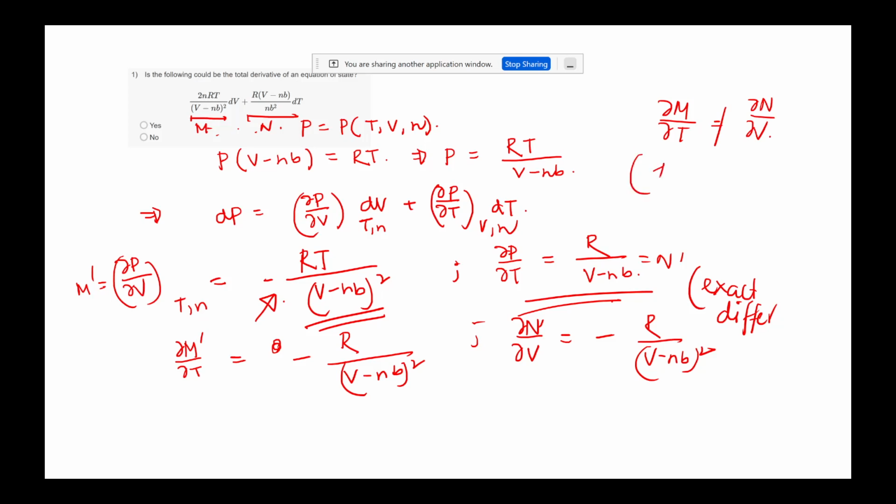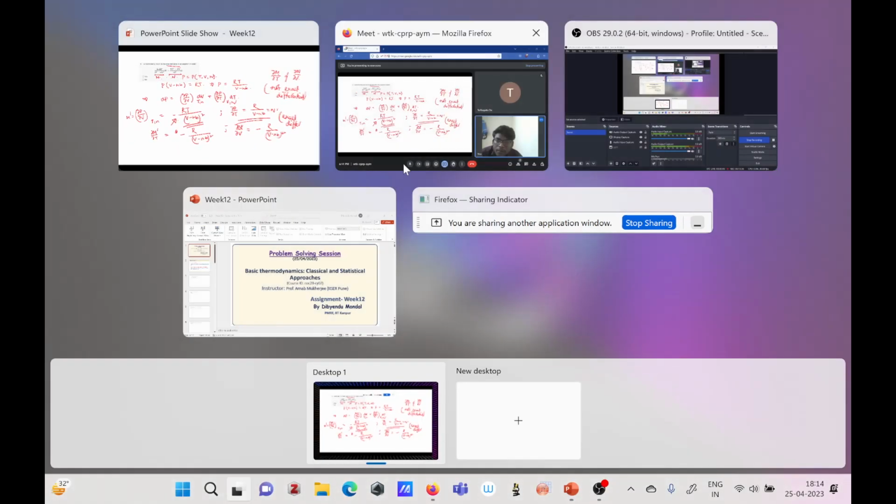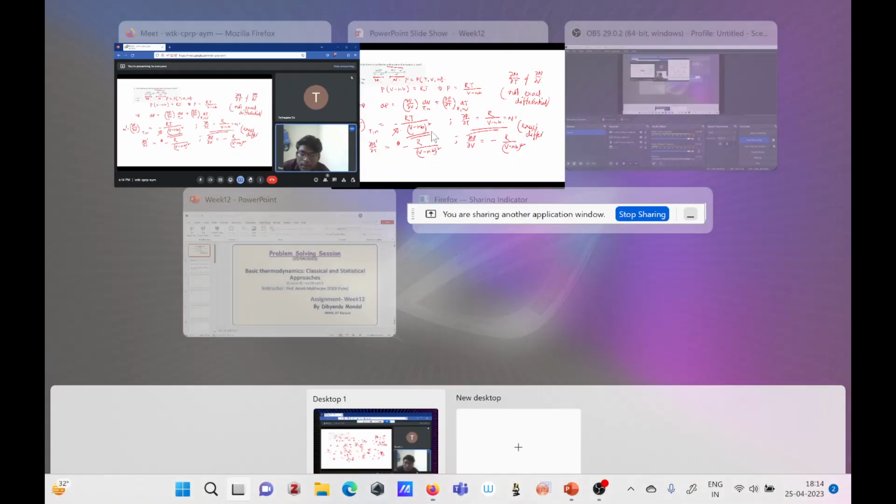So this is not an exact differential. As you have just rightly said, Tathagato, to write it as a total derivative, this M and N have to be exact differentials.